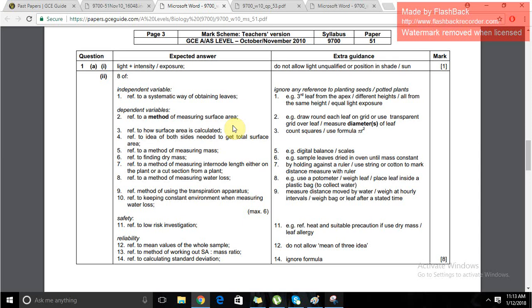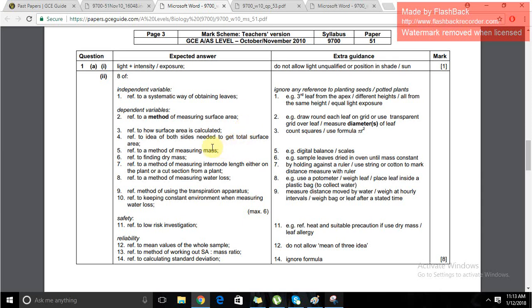Dependent variable: reference to a method of measuring the surface area. Example, draw around each leaf on grid or use a transparent grid over the leaf, or measure the diameter of the leaf. Reference to how the surface area is calculated: you count the squares. Reference to the idea of both sides needed to get total surface area.